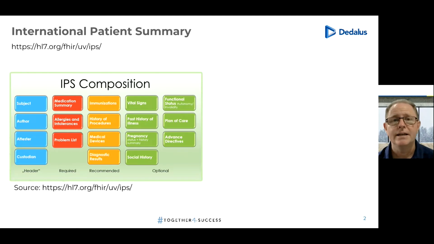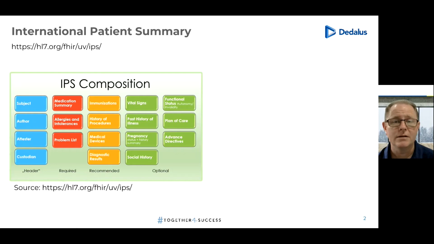So we need that header level information around who the person is that we're talking about from a patient perspective. Who has authored this document? Who is the attester and the custodian of that data? So that when we share it internationally, we've got some context around what this document's all about and who it's for and who it's by.